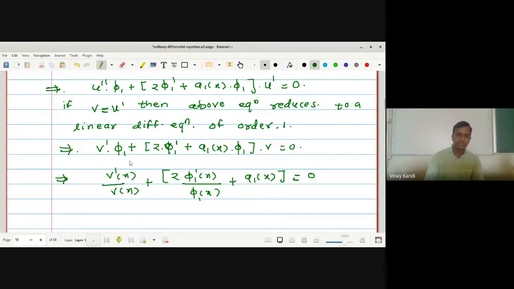Divide this equation by v of x into phi 1 of x. So we get this equation. Okay, rearranged only.